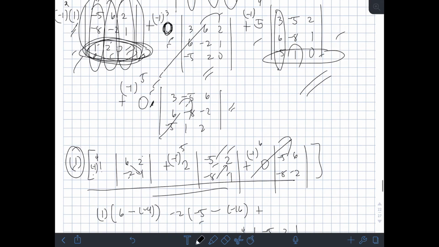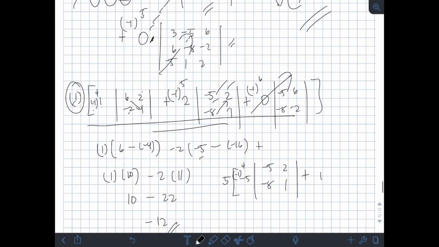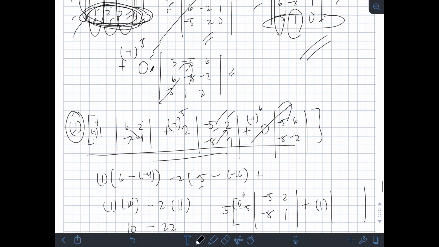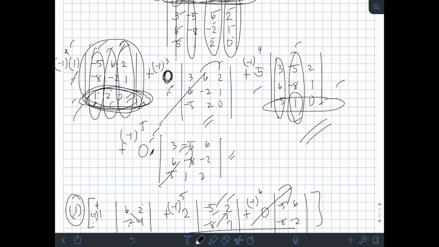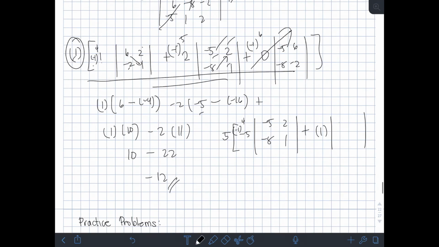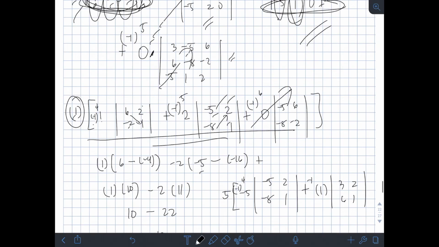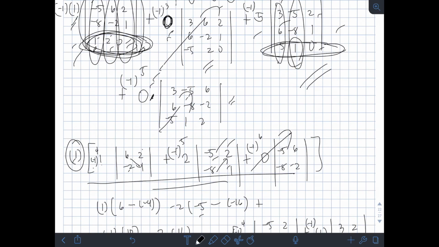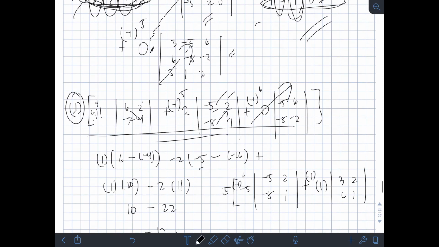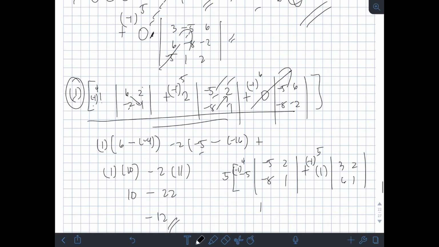Plus, ito namang element 1. So, 1 times cofactor niya. Cross natin tong column 2 tsaka row 3. Natira is 3, 2, 6, 1. Then, times negative 1 raised to, dahil siya ay row 3, column 2, 3 plus 2 or 5.